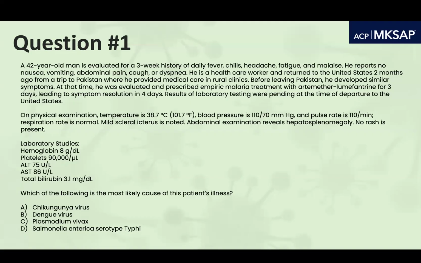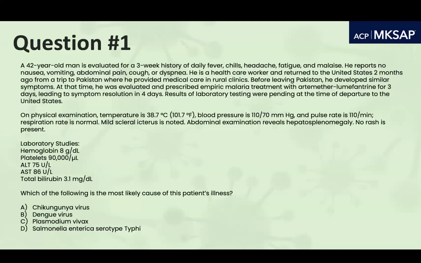Before leaving Pakistan, he developed similar symptoms. At that time, he was evaluated and prescribed empiric malaria treatment with artemether-lumefantrine for 3 days, leading to symptom resolution in 4 days. Results of laboratory testing were pending at the time of departure to the United States.